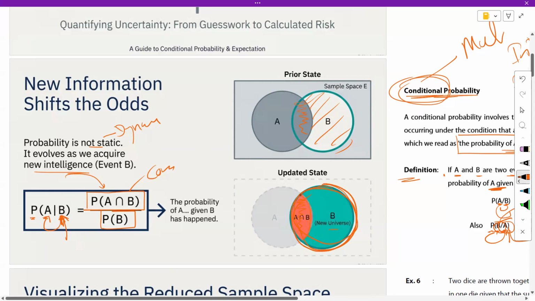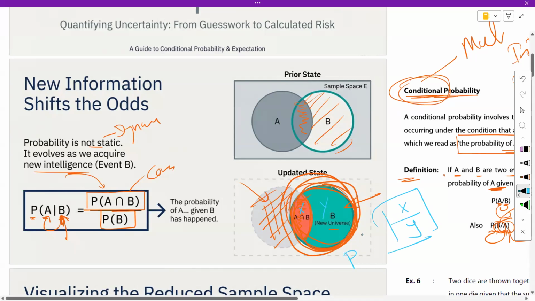Out of this, we are not considering this area. We have to take all of B, including the intersection, and then we find it. If this is X and that is Y, it is simply X over Y. This is the probability of X given Y. Clear?